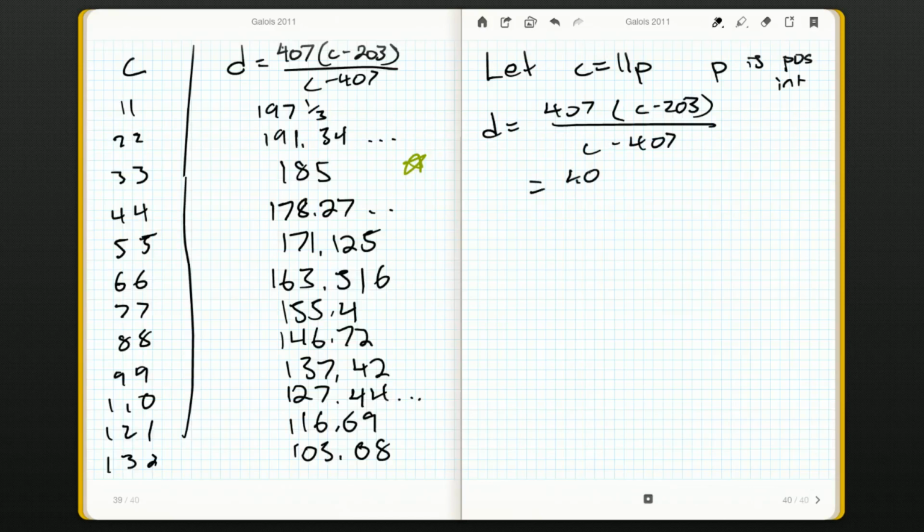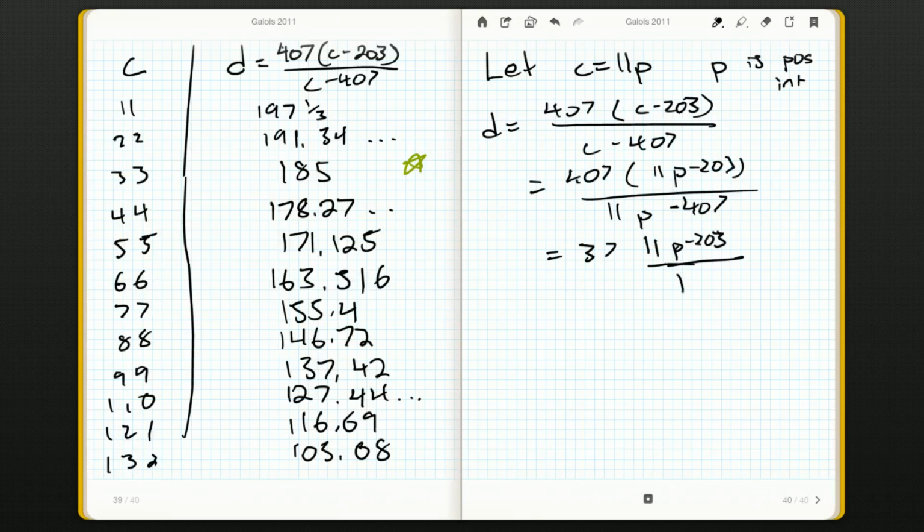Well, if we plug in the 11p in there, we'll see that d is 37 times 11p minus 203, all over p minus 37. So d is an integer if 11p minus 203 over p minus 37 is.